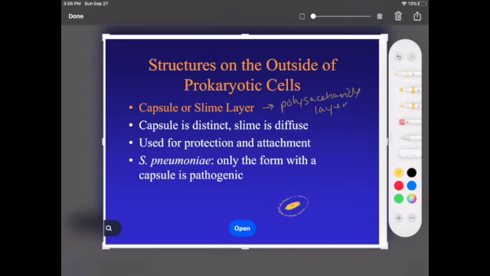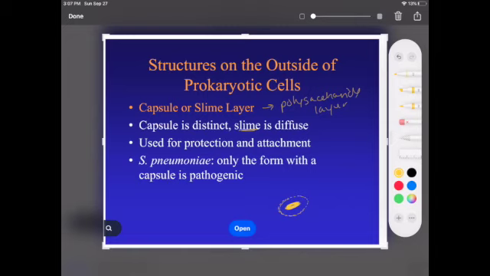And the only difference between the capsule and a slime layer, they're made of the same stuff, is that the capsule, I have up here on the PowerPoint, is distinct, the slime is diffuse. The polysaccharide molecules in a slime layer are farther apart. So it's just looser. So kind of like Jello versus agar, that would be harder and distinct.